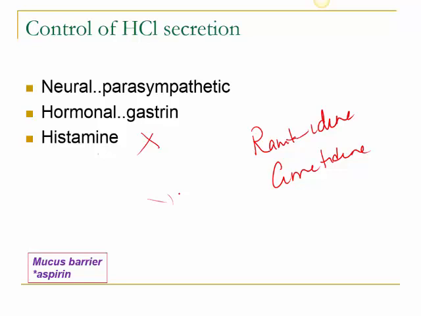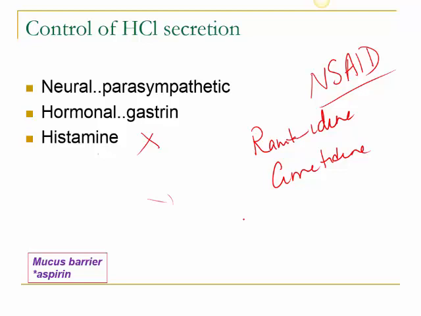Another thing you may have been told is that whenever you take aspirin or whenever you take what are called non-steroidal anti-inflammatory drugs, NSAIDs as they are called, you're always told take them on a full stomach, do not take them on an empty stomach because it can cause bleeding. The reason is, if you remember, I told you earlier, the columnar cells of the stomach produce a lot of mucus, and the mucus forms a very nice lining of the stomach wall, okay?